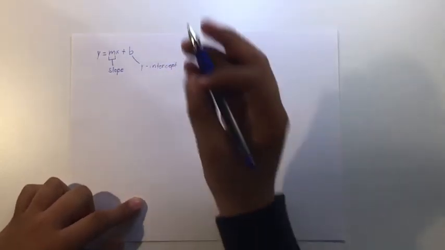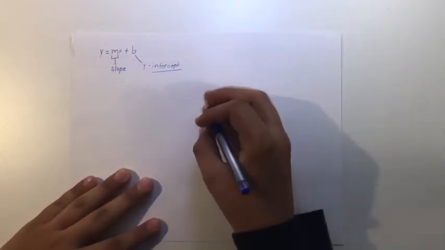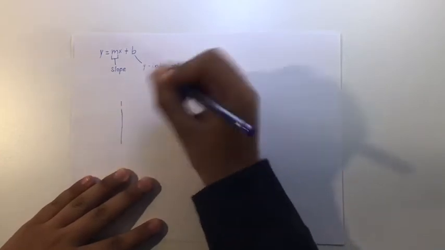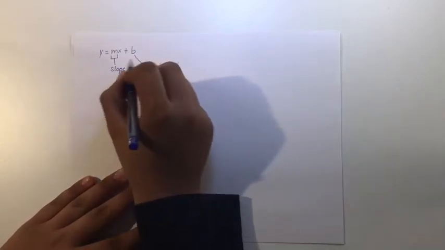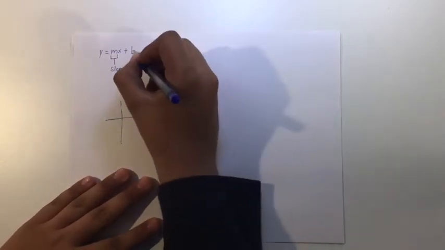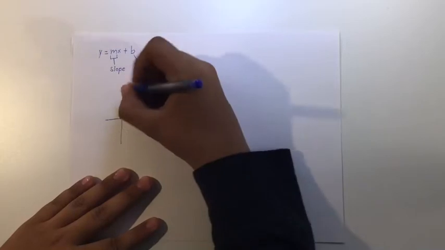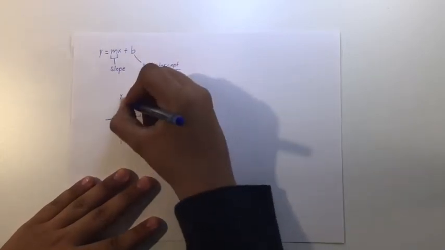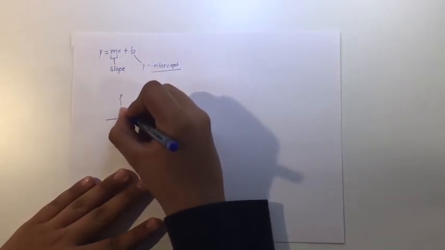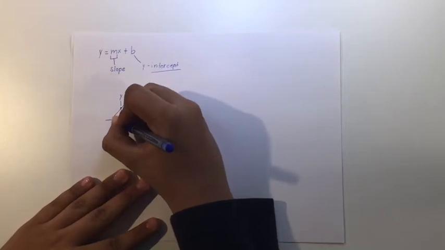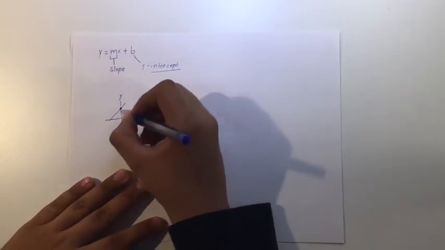If you have a coordinate plane here and you graph a line using y equals mx plus b, your b will be the point where it will cross the y-axis. This is the y-axis, and b is where the line crosses it, like this point, because that's where it crosses y.